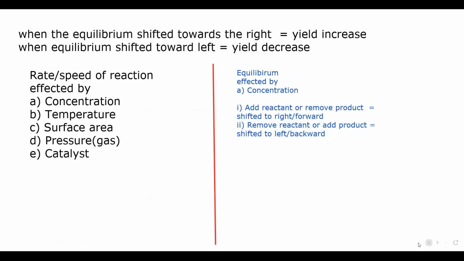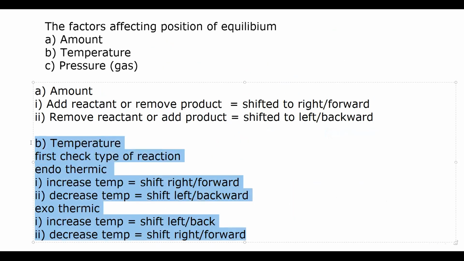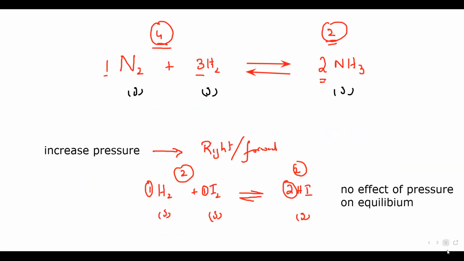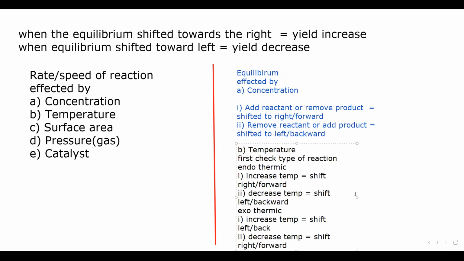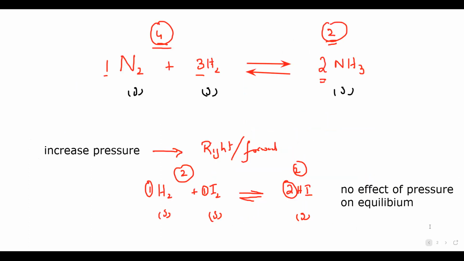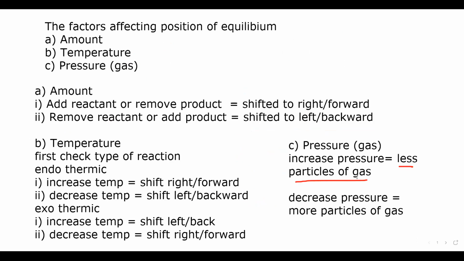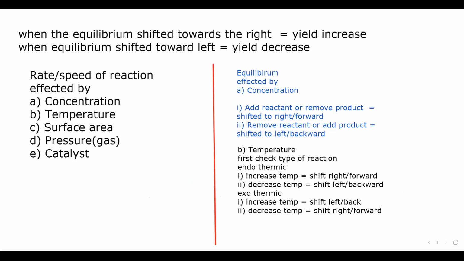The second factor is the temperature. Depends on what change we carry out, that will also affect the position of equilibrium. And the third one is the pressure. Increasing the pressure shifts the equilibrium towards the side where fewer moles of gas are present.